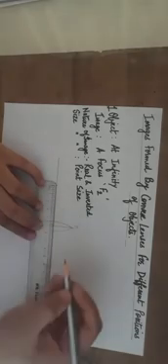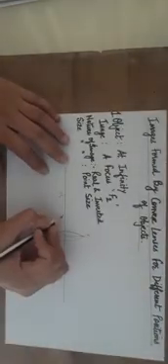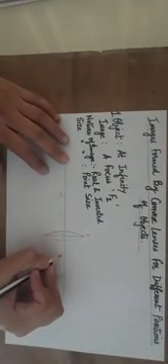Just measure it. Again it's 5, so we can just make the point at 2.5, half the distance. So this becomes F1 and this becomes F2.